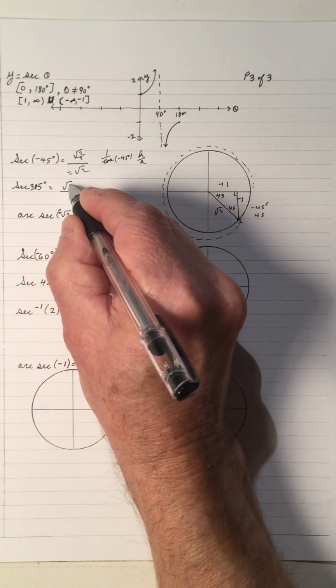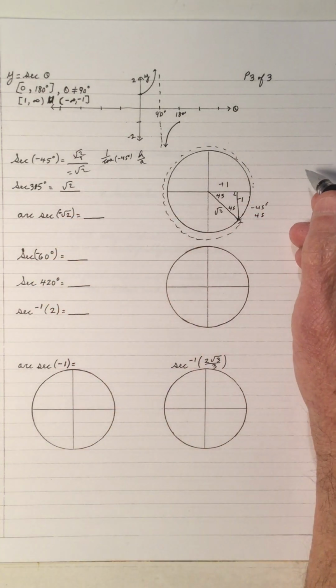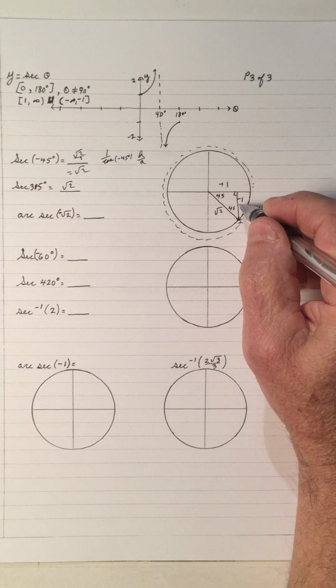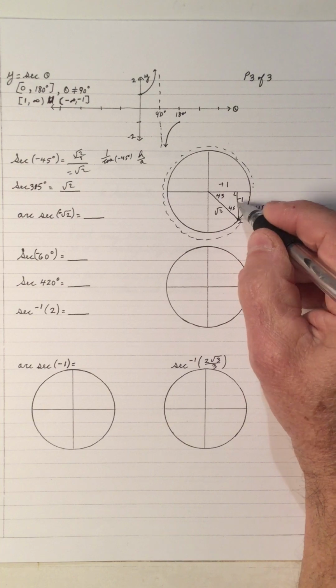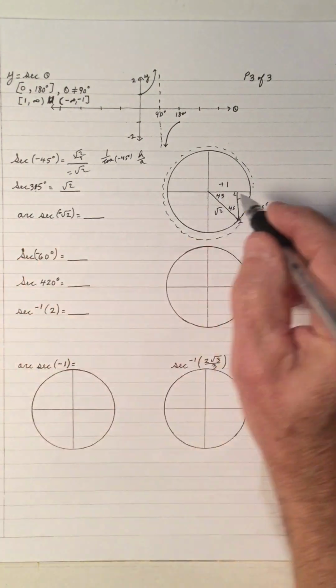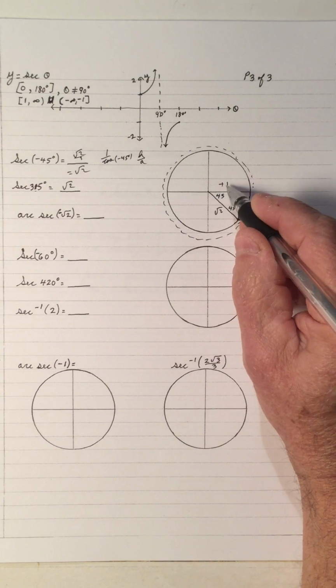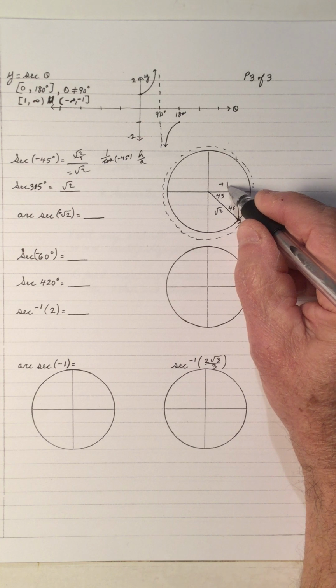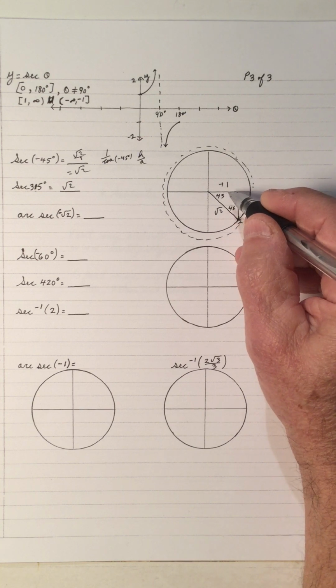So it's root 2 over 2, and the adjacent over root 2 over 2. Secant is the reciprocal of cos, so it's 1 over root 2, root 2 over 1. And cos is the x.